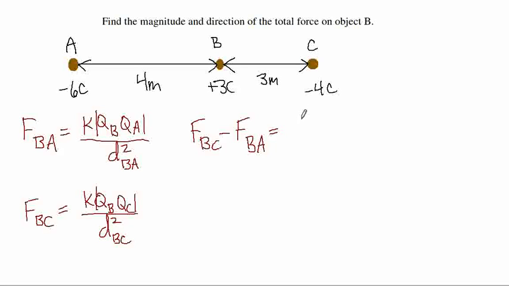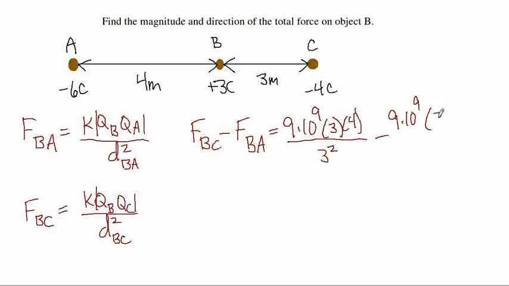All right, so let's go ahead and do it. So BC first. 9 billion times, 3 times 4, remember ignoring signs, divided by 3 squared, minus 9 billion times 3 times 6, again ignoring the sign of the charge for object A, and then we'll divide by 4 squared.